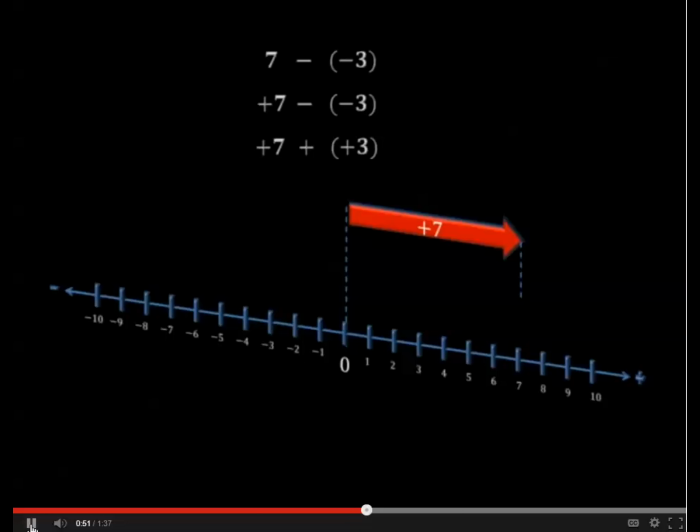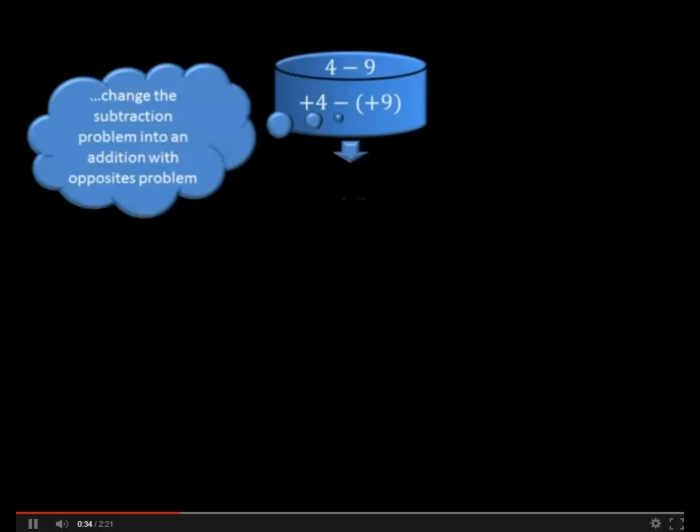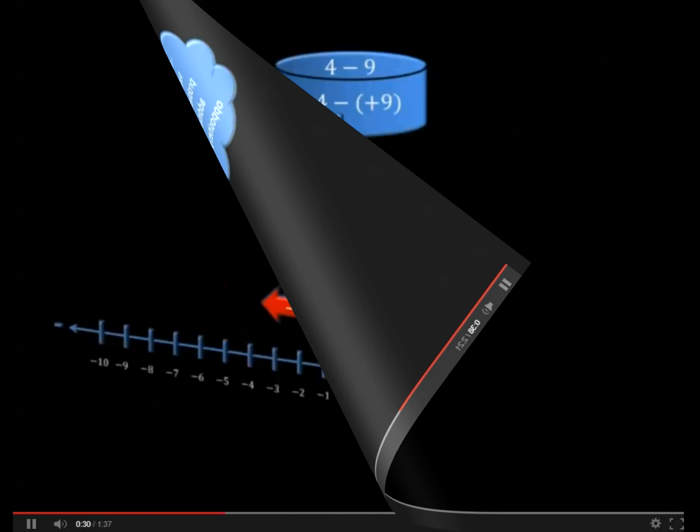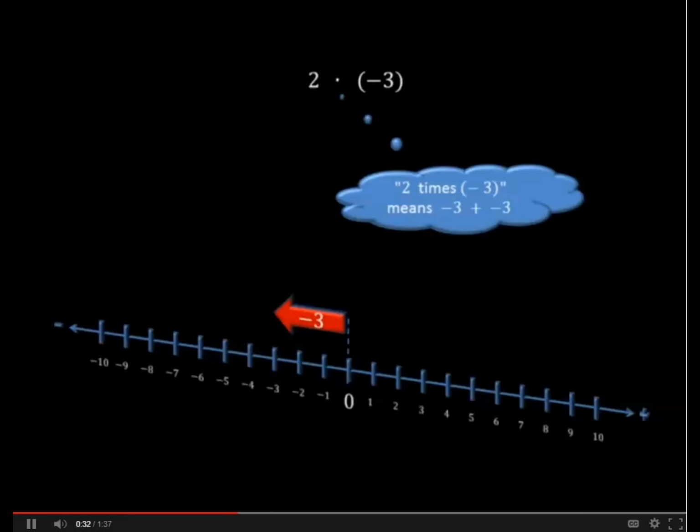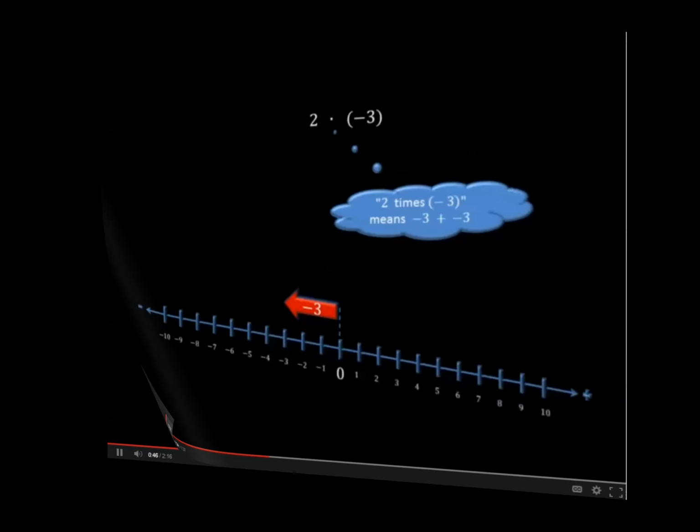We add to the tip of that arrow an arrow pointing 3 spaces further in the positive direction. 9 becomes a positive 4 plus. And we draw an arrow 3 spaces in the negative direction to represent a negative 3.